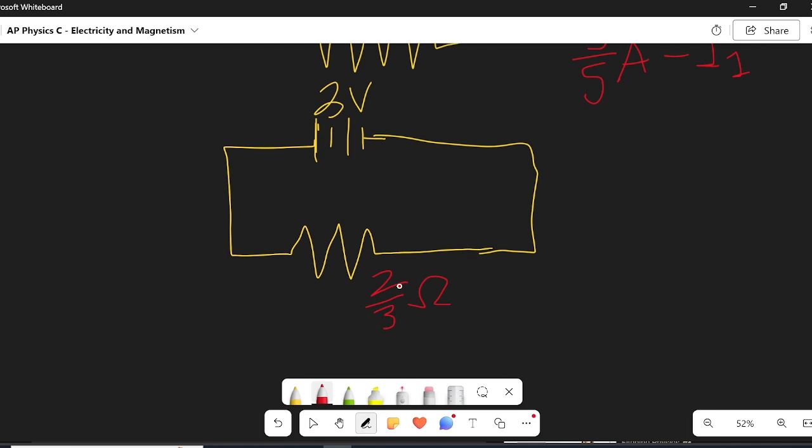You only have 1 ohm resistors or 2 ohm resistors, but you're trying to get like 2/3 ohms of resistance. So sticking resistors in parallel is how you would do this.